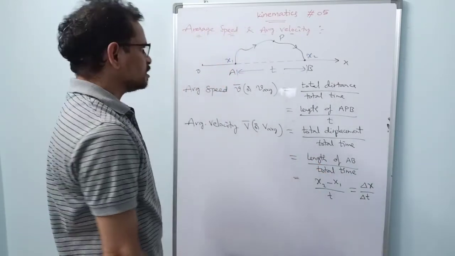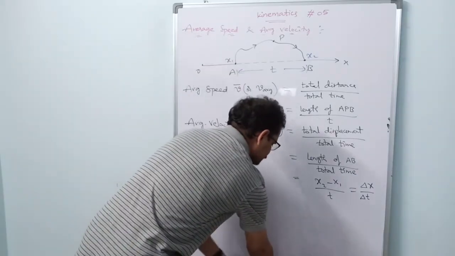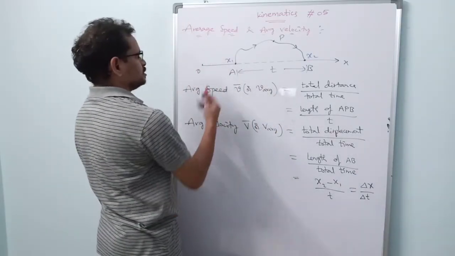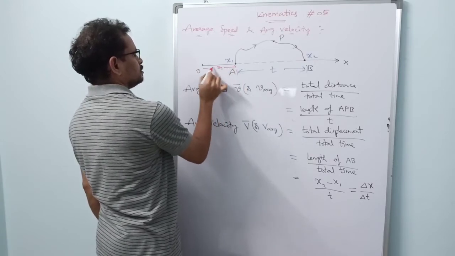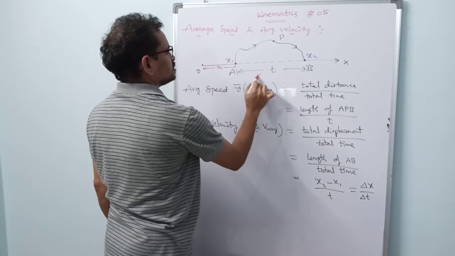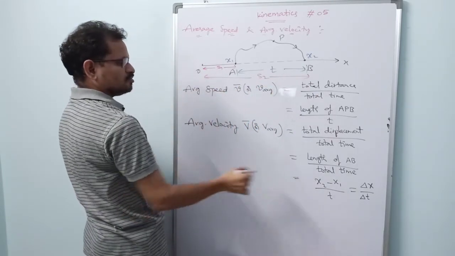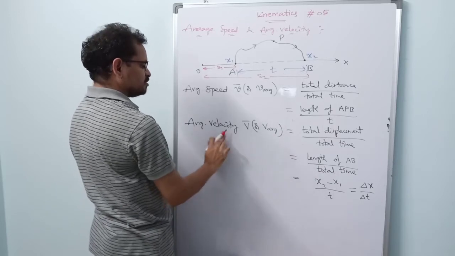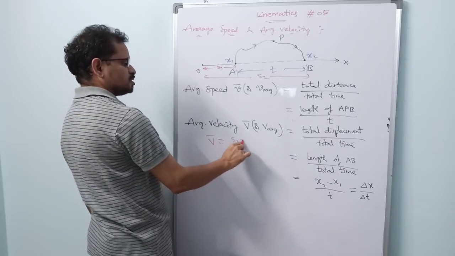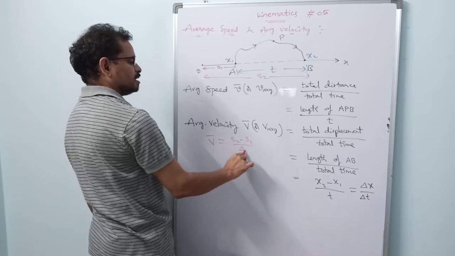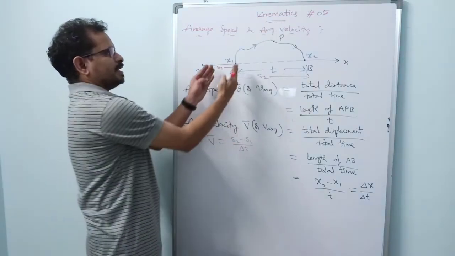In some books you can find it like this, don't worry. This is S1, and this is S2. Therefore, in place of X2 minus X1 they will write it like this also: average velocity V bar equals (S2 minus S1) by delta T. Here we have taken it in terms of positions.